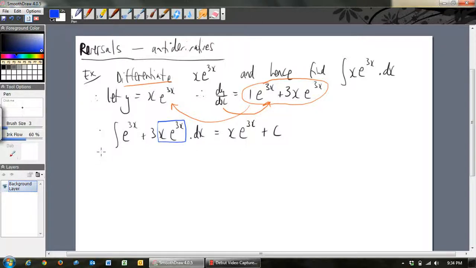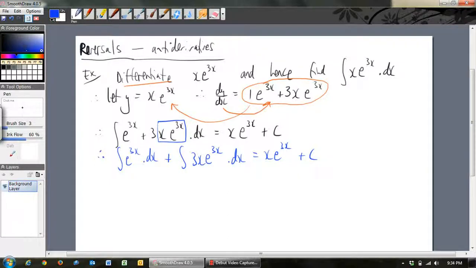We're allowed to split up integrals into their little pieces. You know that already intuitively, but probably haven't been explained that. So we've got the integral of e to the 3x dx plus the integral of 3x e to the 3x dx equals x e to the 3x plus c.